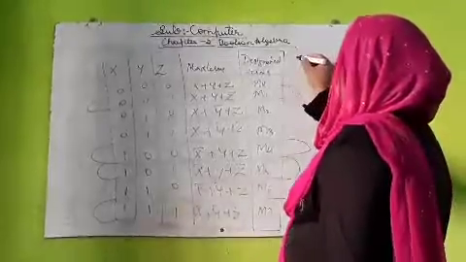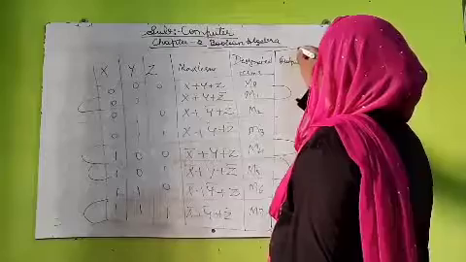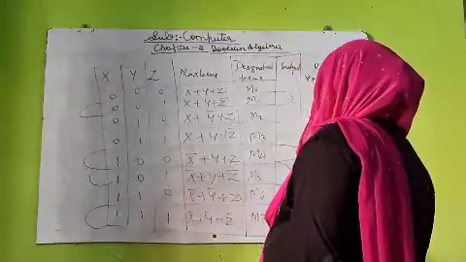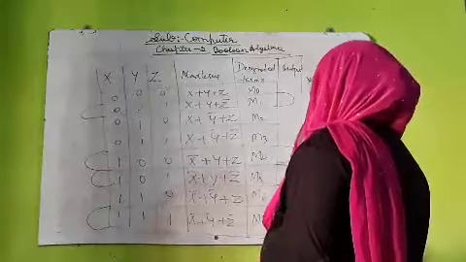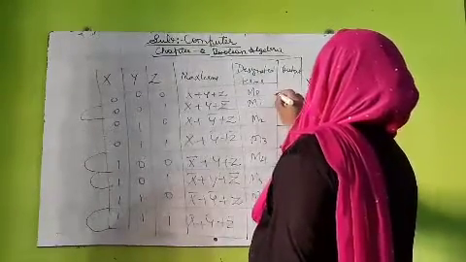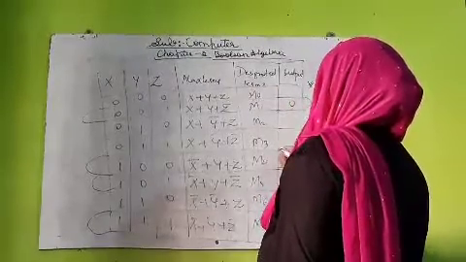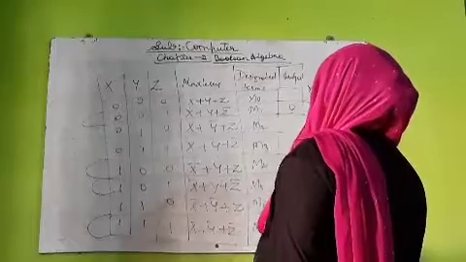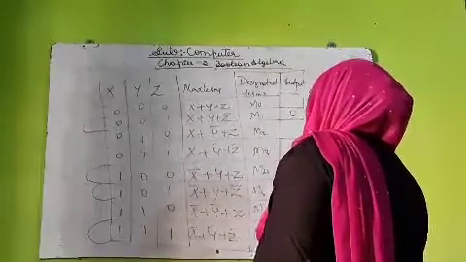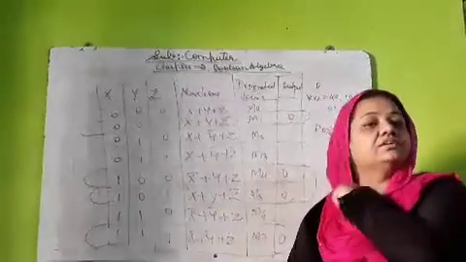Now let us write the output. So mark these as 0, 0, 0, 0, like we did it for the min terms.